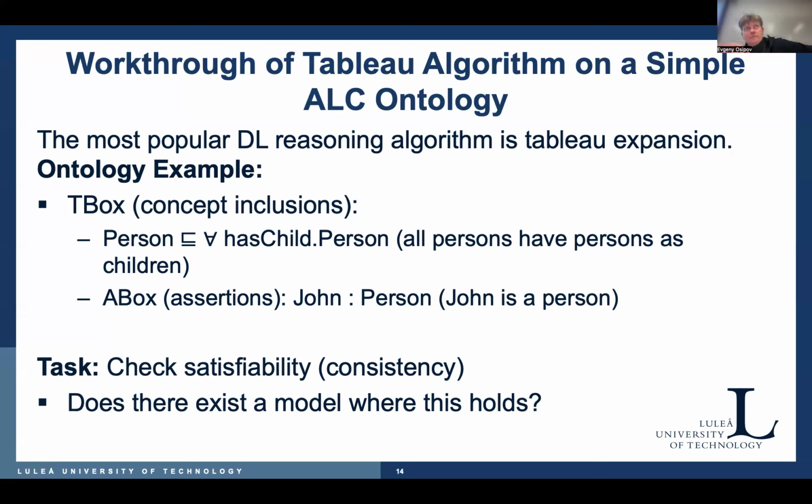So if our parents are persons, they have children, and children are persons. It's a very sophisticated logical chain. And then we have an assertion that an individual John is a person.